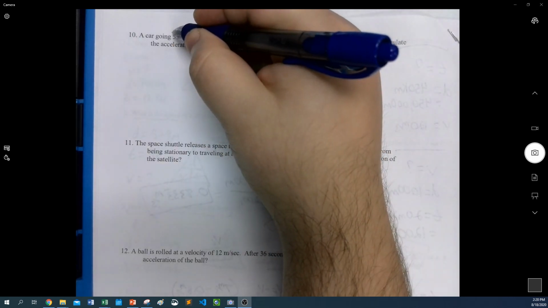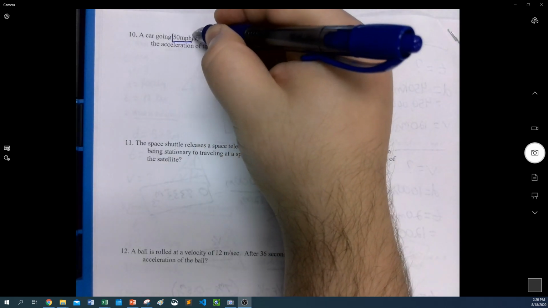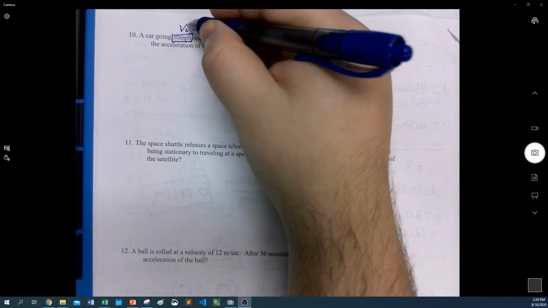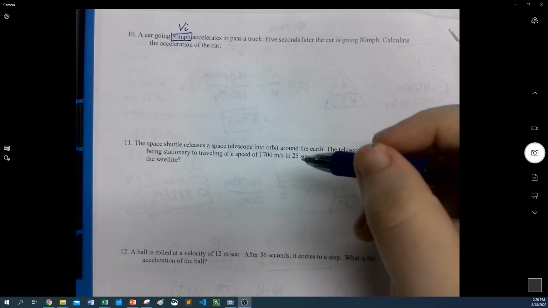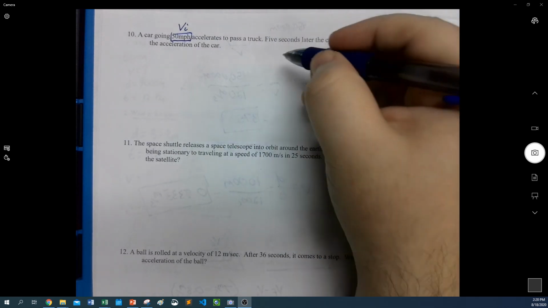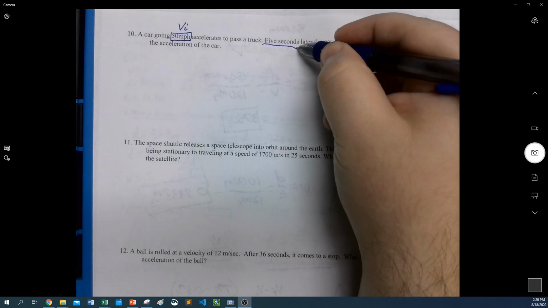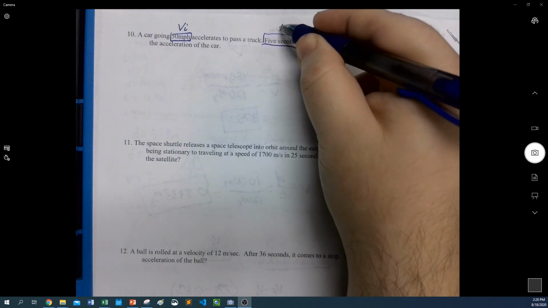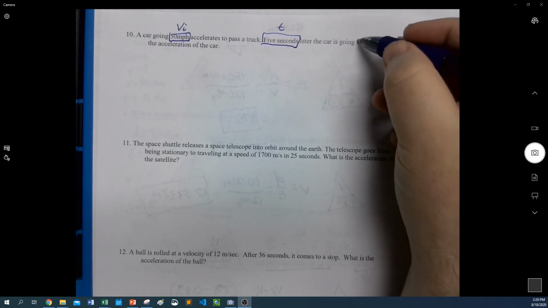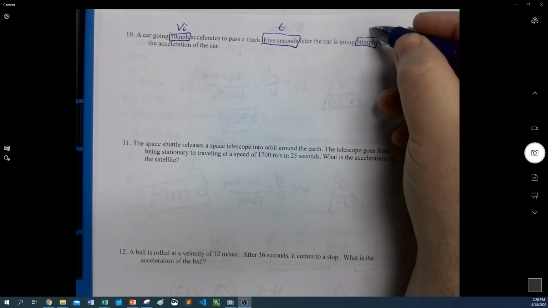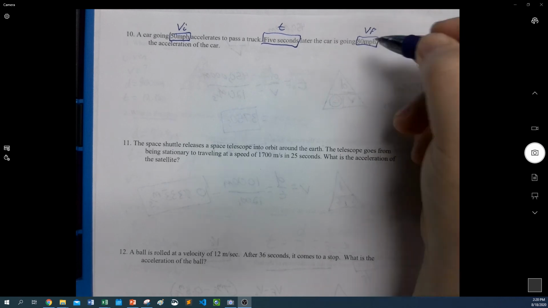So a car is going 50 miles per hour. That's your initial velocity. As it accelerates to pass a truck, 5 seconds later, that's your time. The car is going 80 miles per hour, your final velocity.